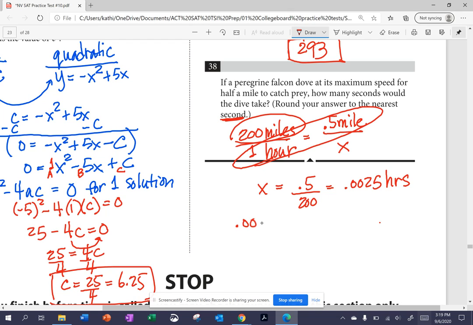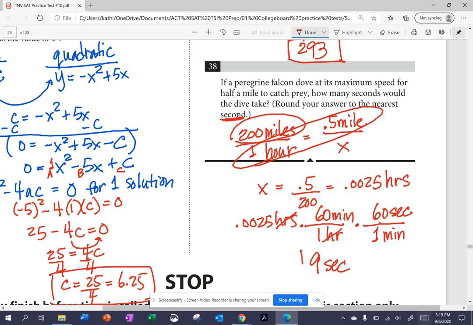So 0.0025 hours. So 1 hour is 60 minutes, and 1 minute is 60 seconds. So it takes 9 seconds. And we are done. Awesome.